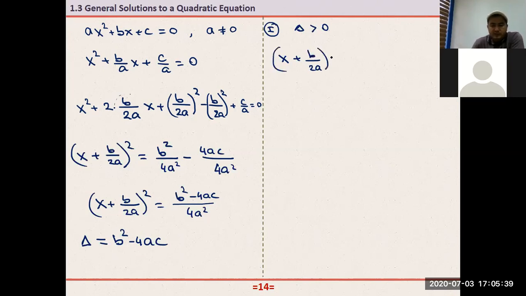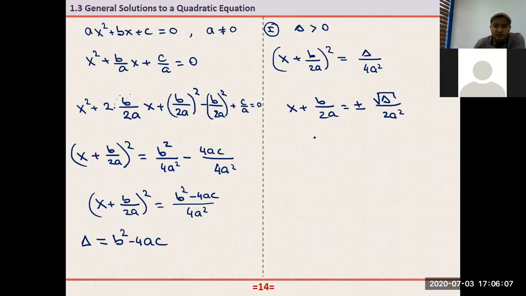Squared will be equal to discriminant over 4a squared. Now it is positive. Something squared is always positive. It makes sense. So now I can find x. This x plus b over 2a should be equal to plus minus square root of delta over 2a squared.